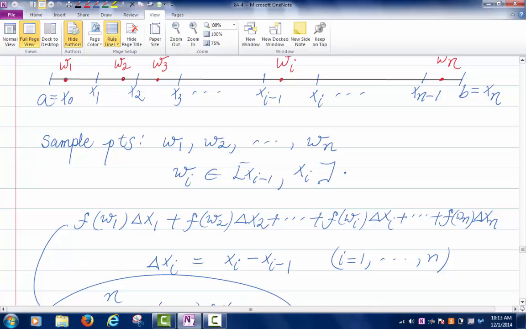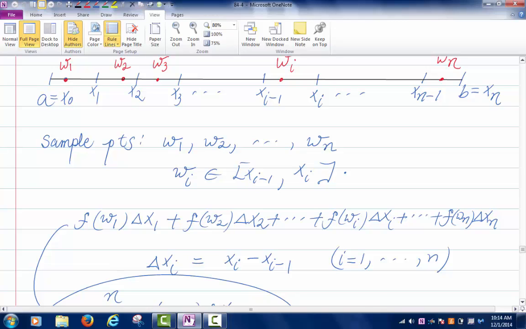The length is denoted by delta x1. So when I write delta x1, that's the length of the first subinterval. F of W2, so W2 is from the second subinterval. I evaluate the function at that sample point, multiply by the length of that subinterval. Okay, and then plus I do the same thing for each of the subintervals. For the ith subinterval, evaluate F at Wi, multiply by the length of that subinterval delta xi.